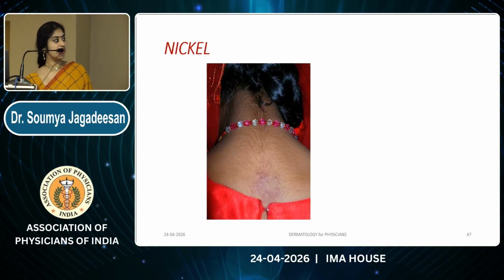Now, sometimes you might think this is tinea cruris or tinea corporis, but what is this? This is contact dermatitis. Contact dermatitis to what? To nickel. All those steel-colored things, the safety pins, the hooks, the brass straps, all those are nickel. You can see that this is the area where the hook comes. Unless you see it with a picture like this, you won't be able to make it out.